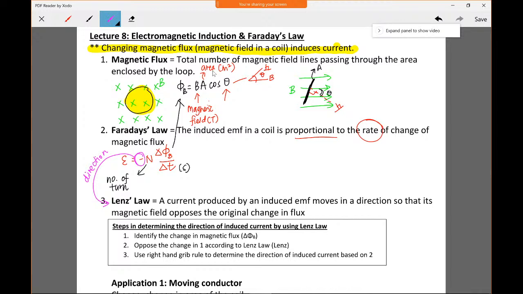It says that the current produced by an induced EMF moves in a direction so that its magnetic field opposes the original change in flux, which means the induced current, so every current will produce a magnetic field, right? So let's say the magnetic field produced, how about now?